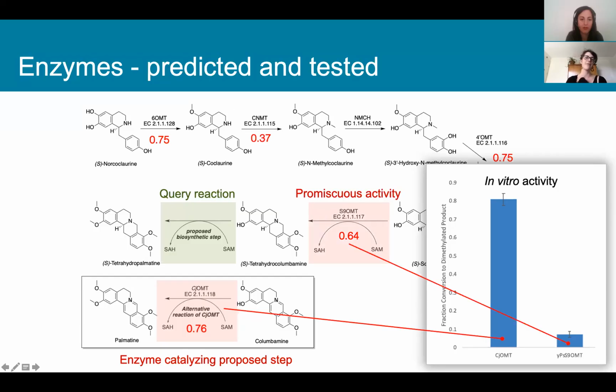And we finally figured out that this enzyme here had also a promiscuous activity and could produce very small amounts of tetrahydropalmitin. In the end, the titer was a lot lower, so we proceeded with keeping the enzyme that we found.